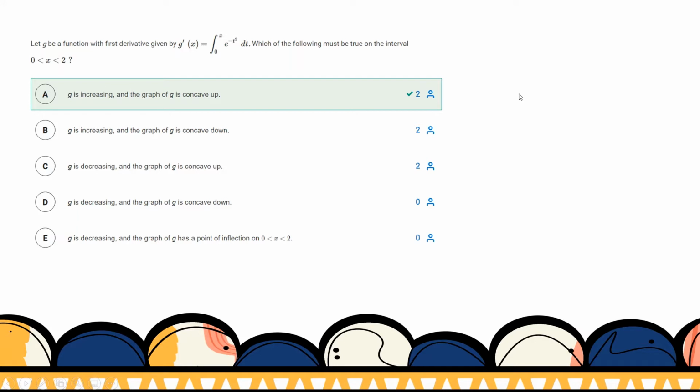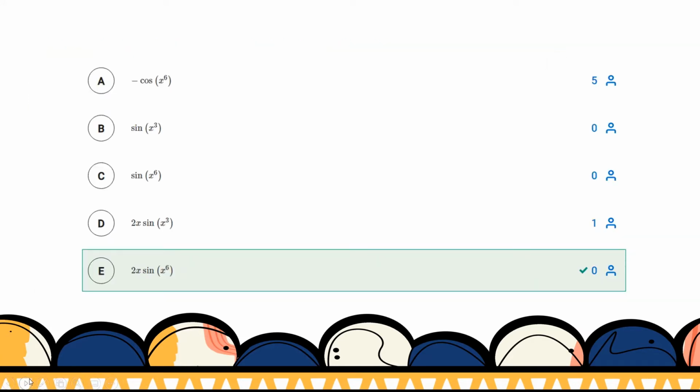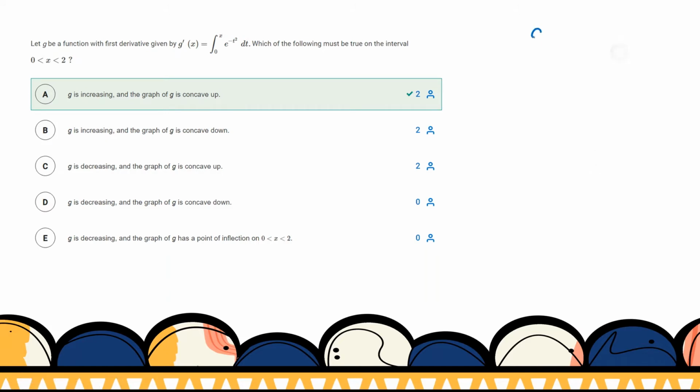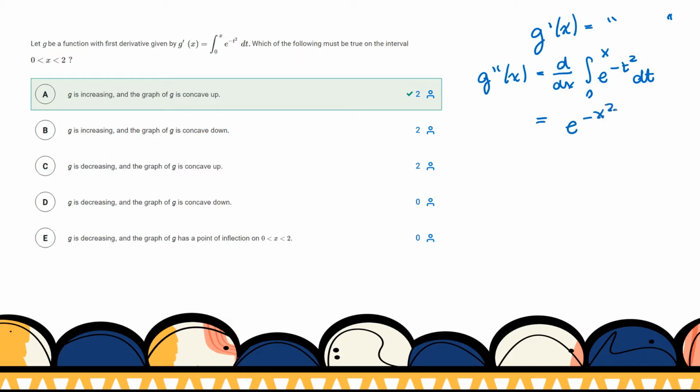So note that they gave you g prime of x, and they said it equals this, which means that the second derivative equals the derivative of the integral from 0 to x of e to the minus t squared dt. And so the second derivative will just be e to the minus x squared.